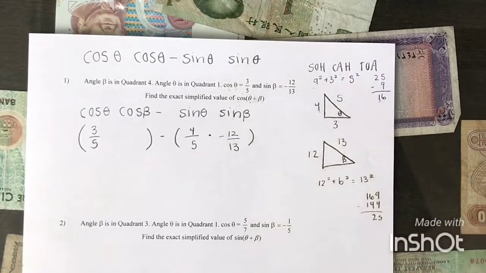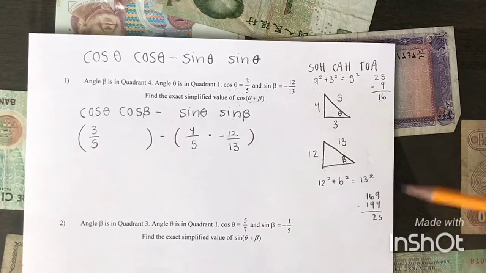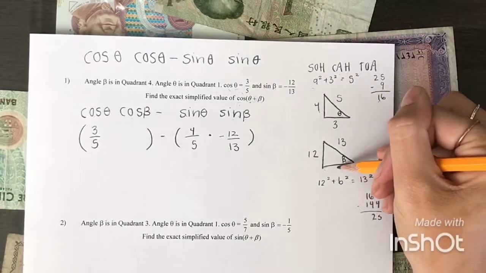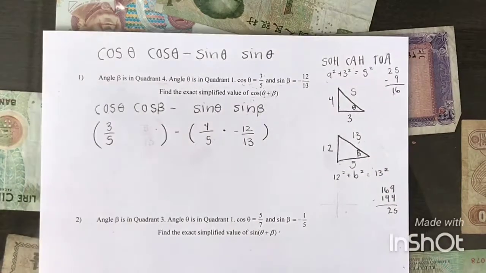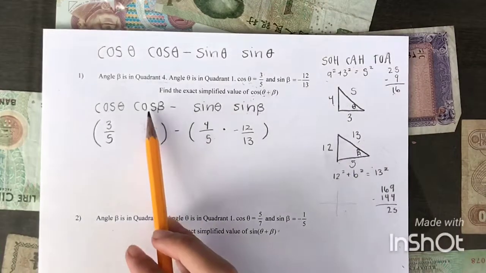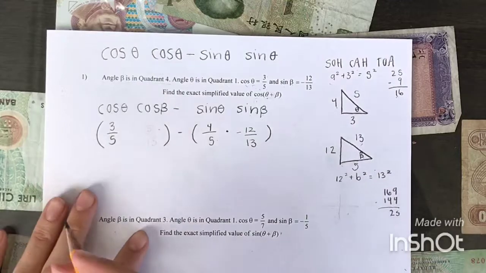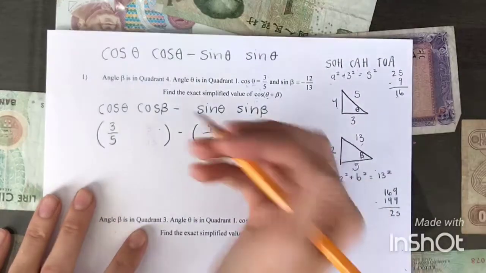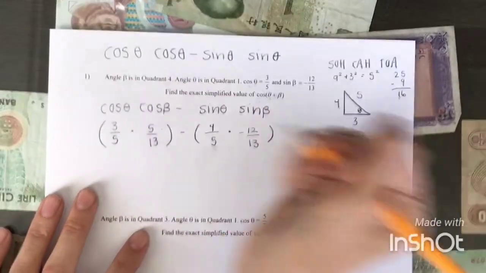B squared is equal to 25. To find B, you square root B squared and 25, leaving 5 as this side of the triangle. Now that we've found this side of the triangle, we can fill in what cosine of beta is equal to. Cosine of beta is adjacent over hypotenuse, so 5 over 13, and multiply those two together.